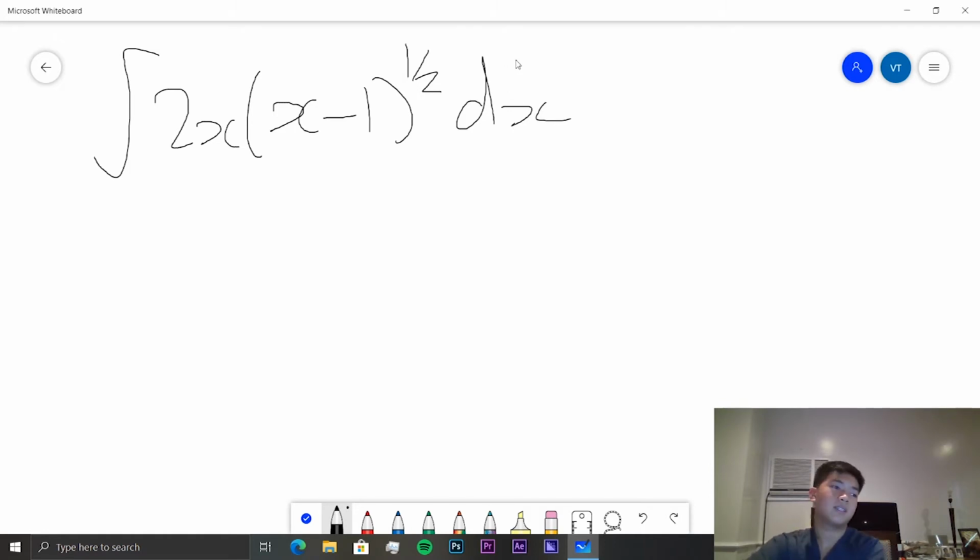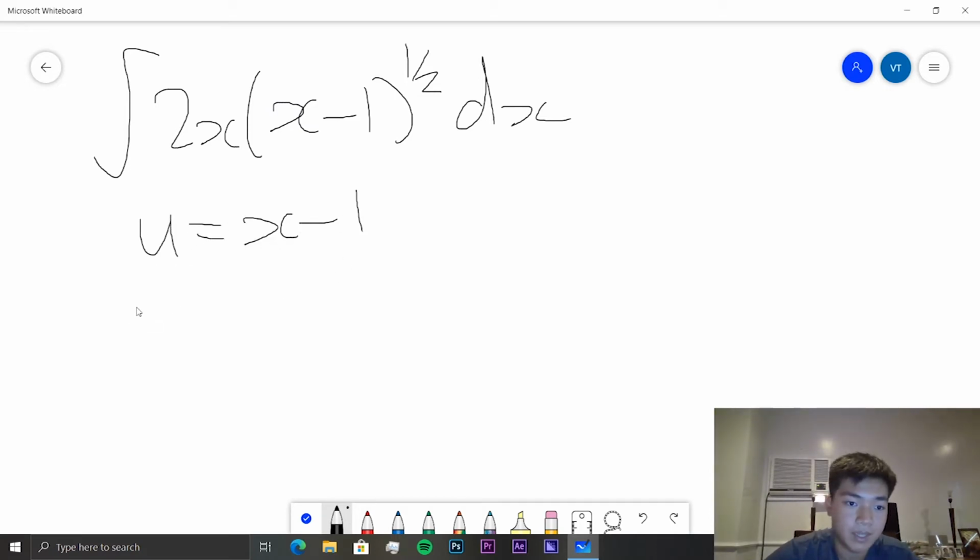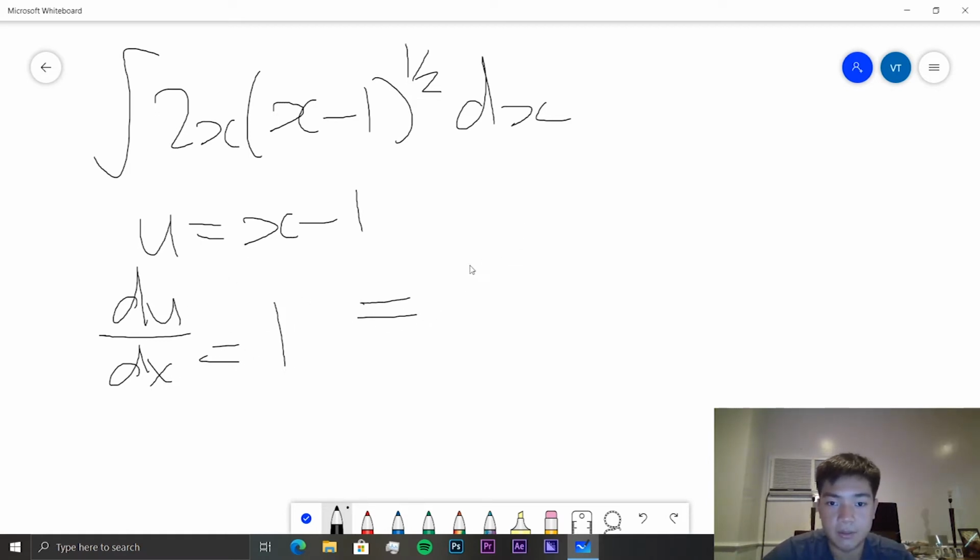So what the question is, what to pick over here? I mean, I guess we could expand it, but I don't really feel like doing that. So what we do is we say u is equal to x minus 1, and du over dx is equal to 1. So this entire thing is equal to the integral of 2x times u to the 1/2 du.